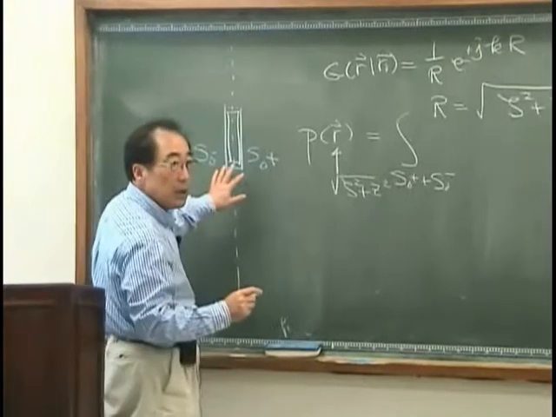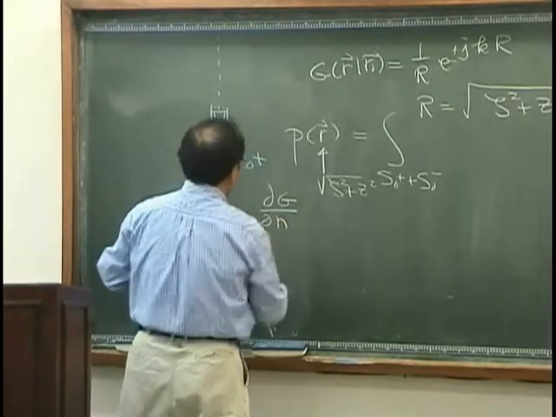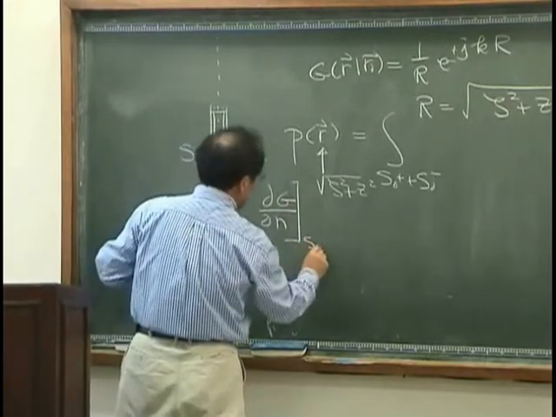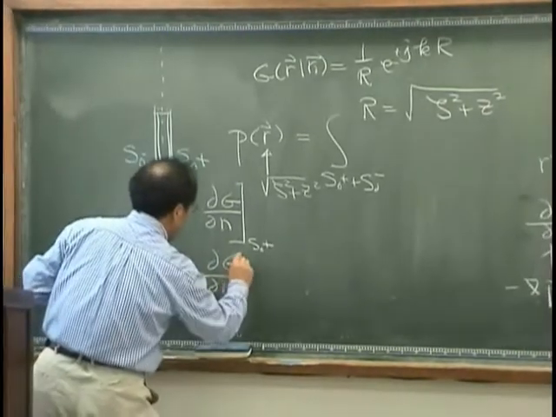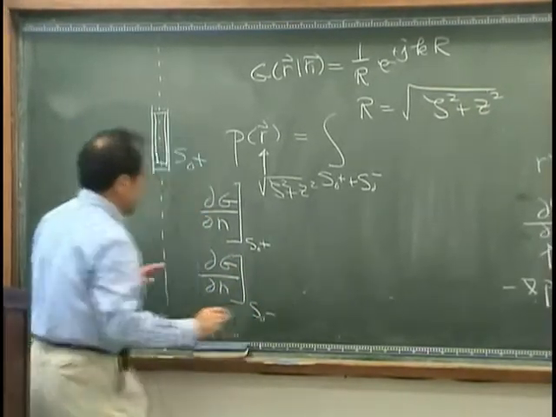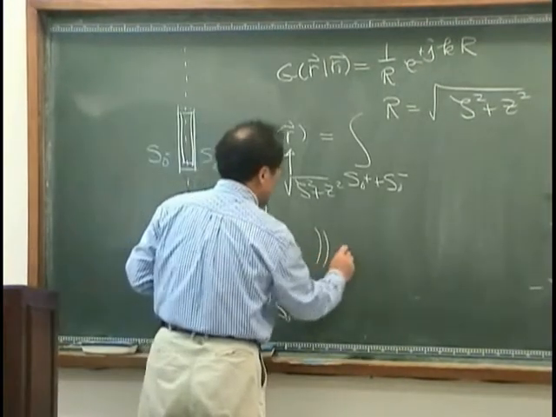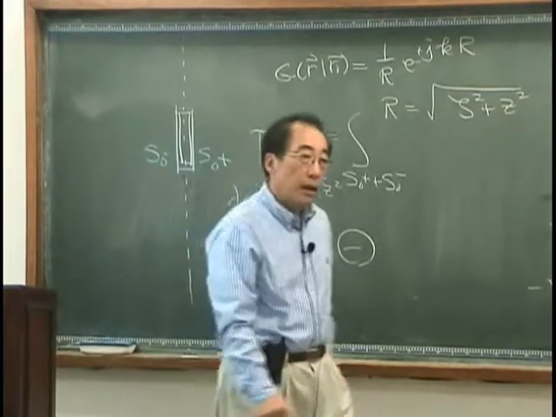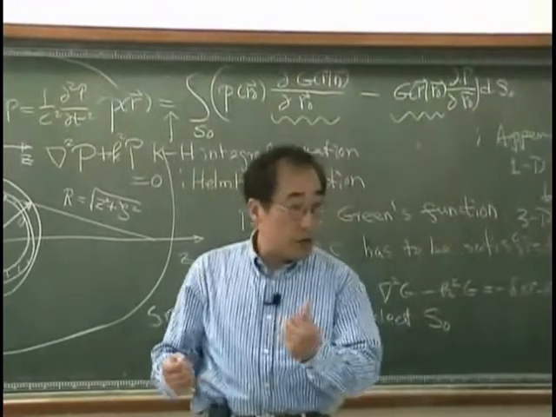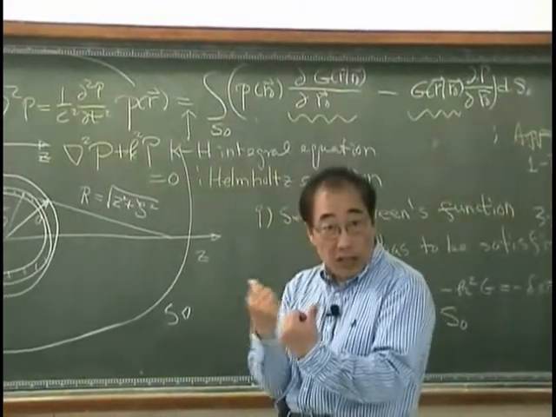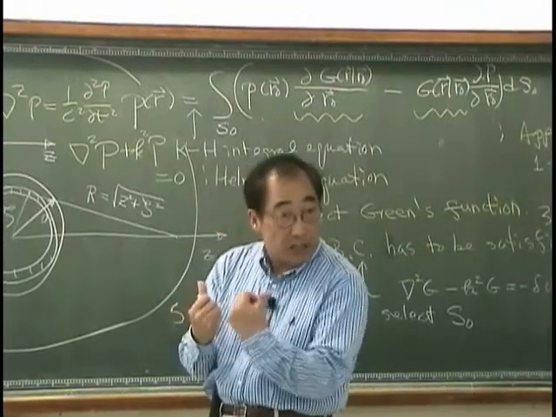Then we found that dG/dn on S0 plus and dG/dn on S0 minus is equal but having different sign, right? dG/dn on S0 plus is this direction, but dG/dn on S0 minus is this direction.